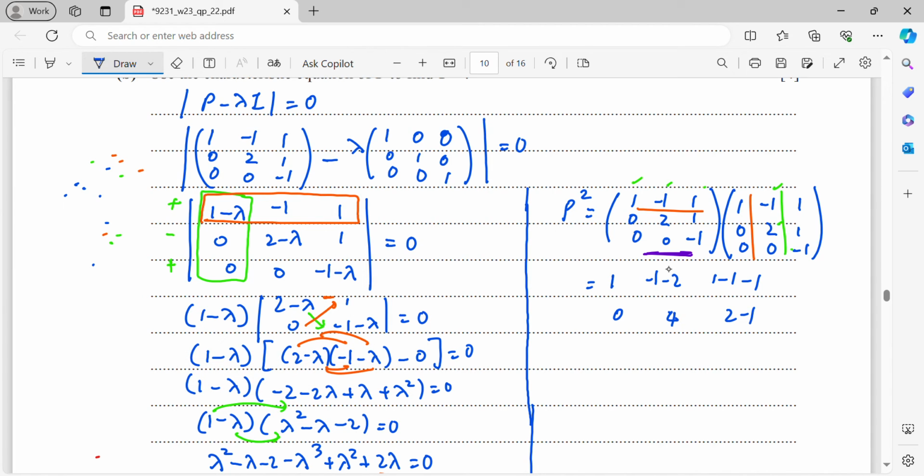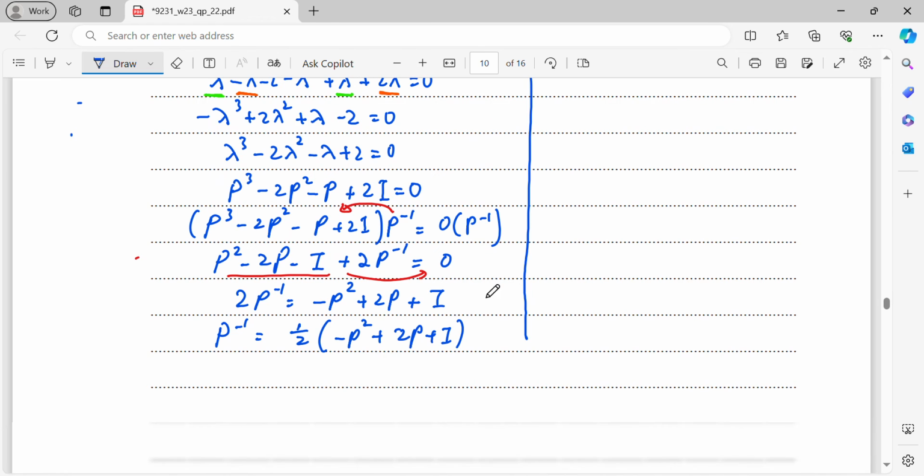That will be 0, 0, and 1. So then I will simplify it. That is my P squared.